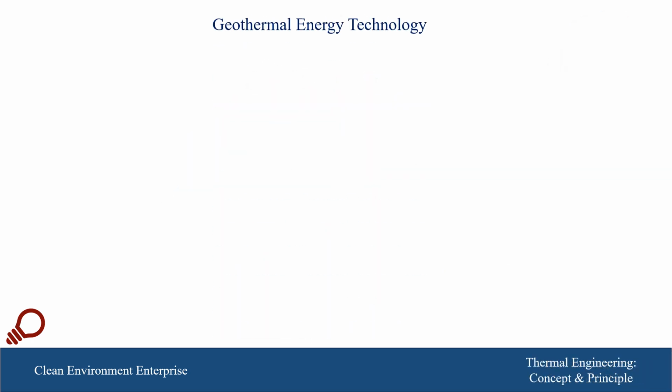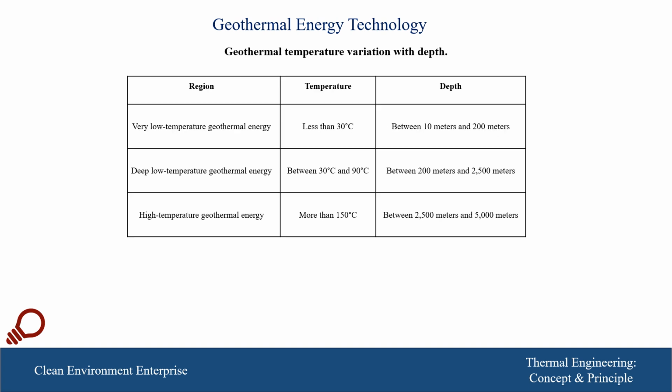Now let us consider the geothermal energy and the temperature variation as we go deep in the ground. We may find this table in the open literature, which shows the variation of temperature with depth. For example, for depth between 10 meters up to 200 meters, the temperature will be around 30 Celsius. If we go deep to 2.5 kilometers, then the temperature may range between 30 and 90 Celsius.